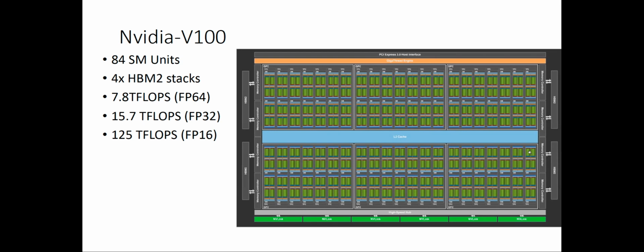And they have 4 HBM stacks, which is shown here, 1, 2, 3, 4. They give us the highest 900 gigabytes per second of off-chip bandwidth.